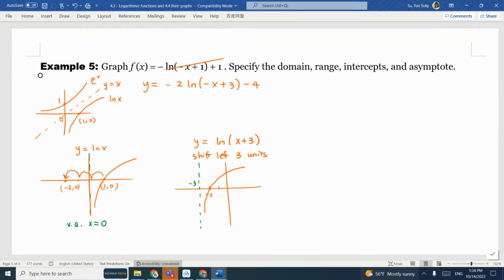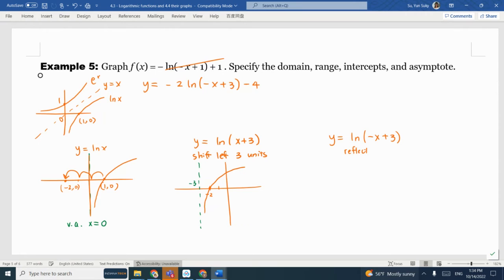What's the second step? Reflection over the y-axis. We look at the minus sign in front of the x. Very good. So we have y equals ln of negative x plus 3, with the negative sign in front of the x.